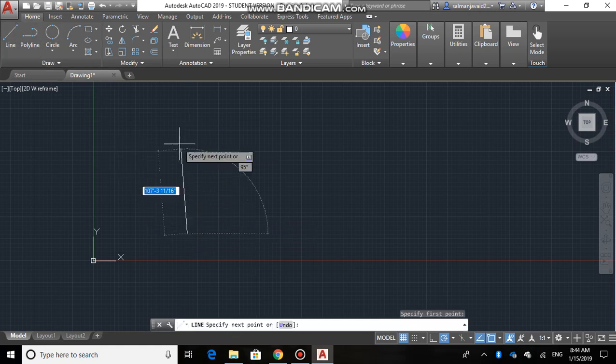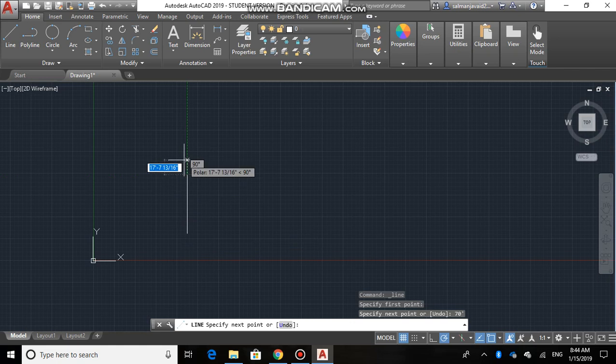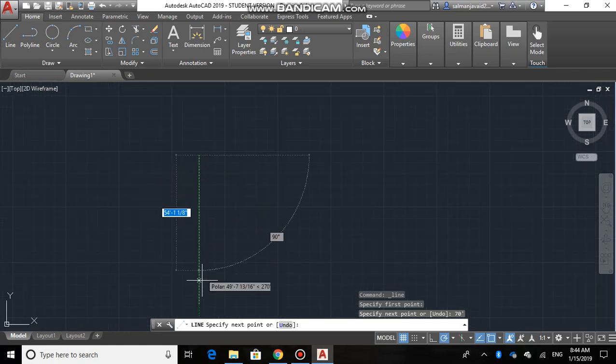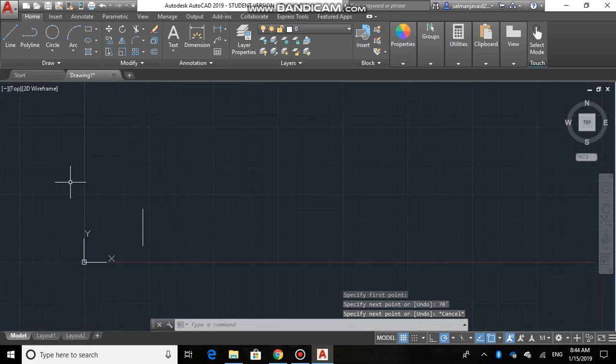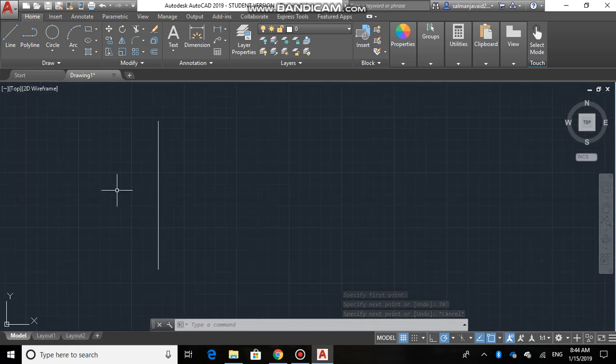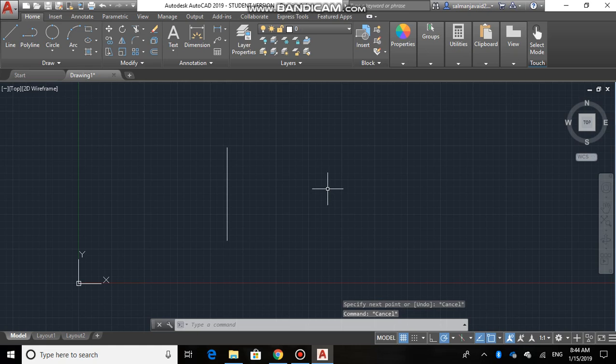Now I will draw it as 70 feet. This is 70 feet, so we don't have to get ourselves so much confused about the conversion of 70 feet into other units. So we don't have to get in that kind of mess.